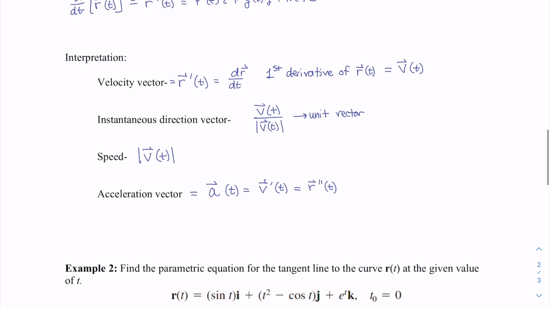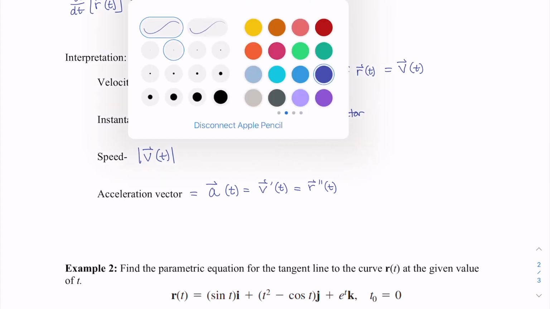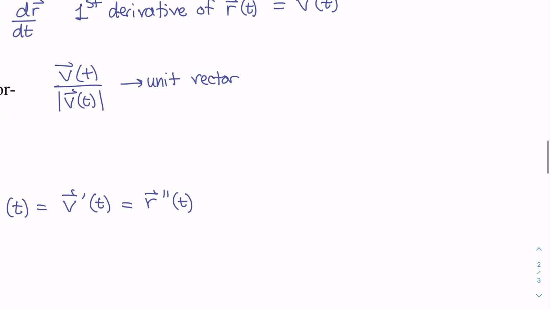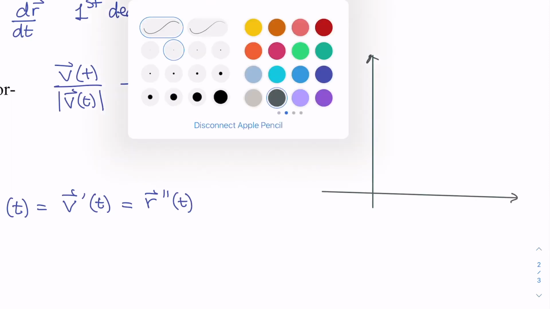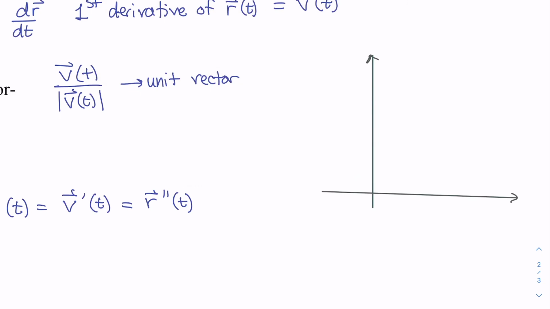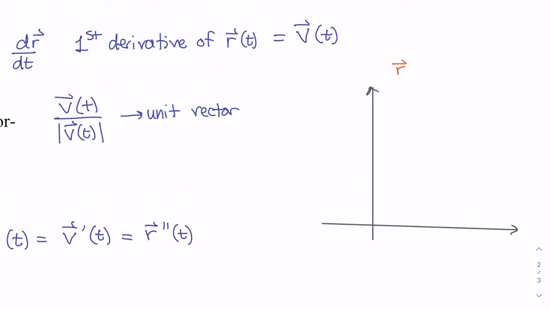I can draw a little picture of what that looks like. So we have some axes here. Let me just draw an example vector valued function. I'm going to draw r of t in this orange color, and I'll make it look like this. So there's r of t.